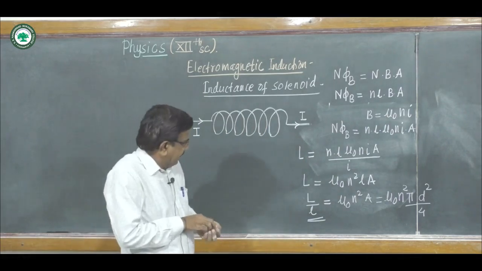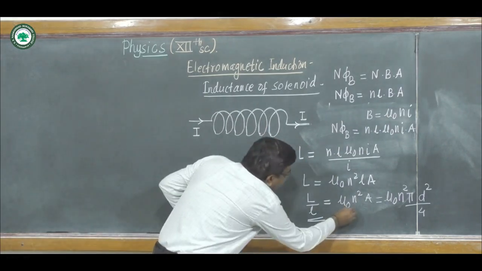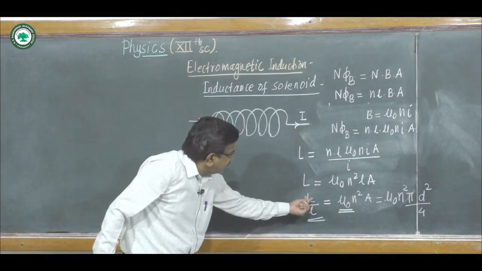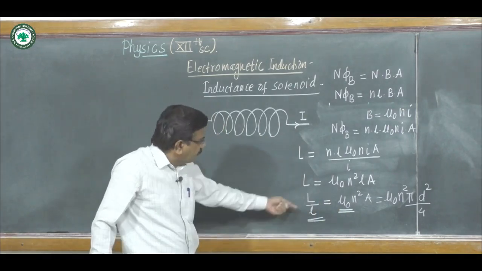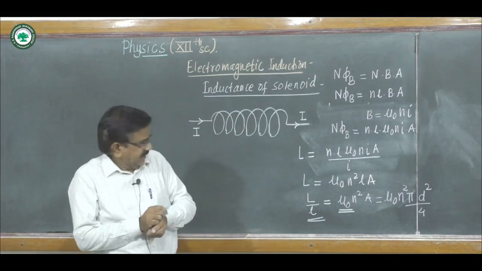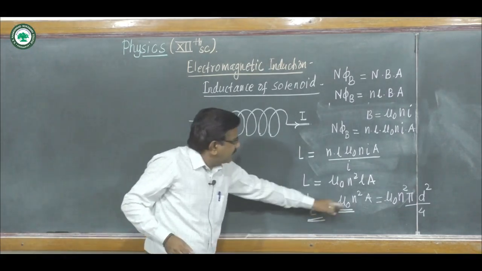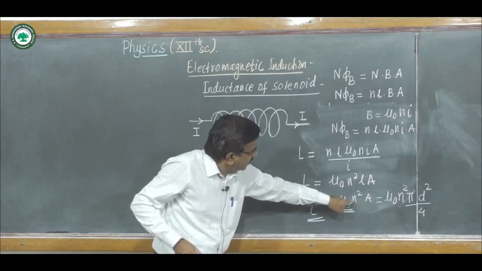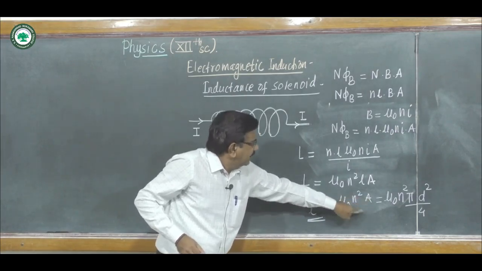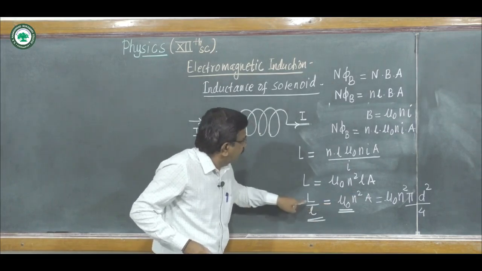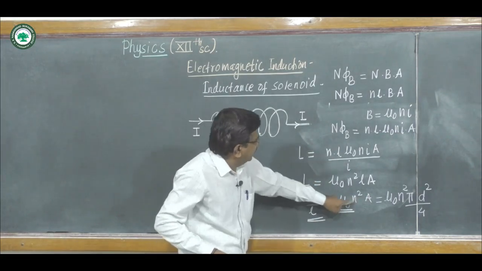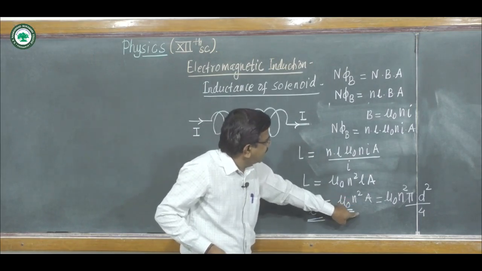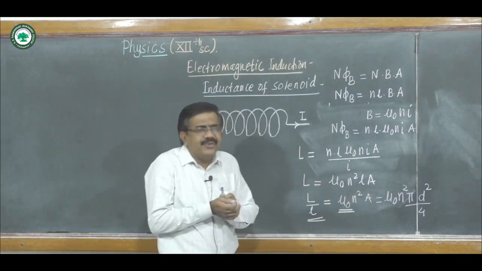And here, the unit of this permeability of free space is same as the unit of L upon l. Unit of L, we know it is Henry, because n square A, this n is number of turns per unit length. Hence, unit of this mu 0 is n square upon l square, that cancels with that area unit.